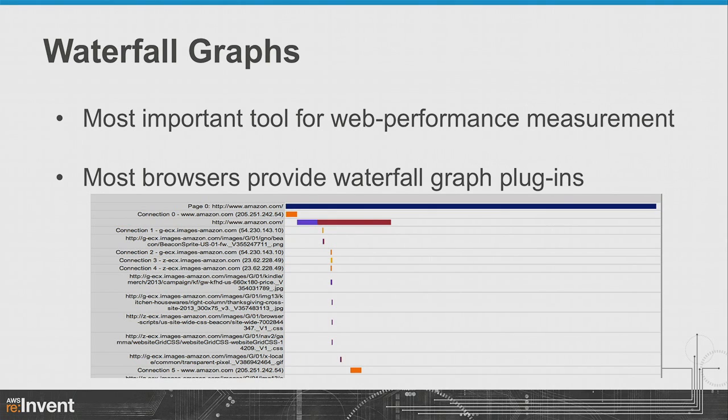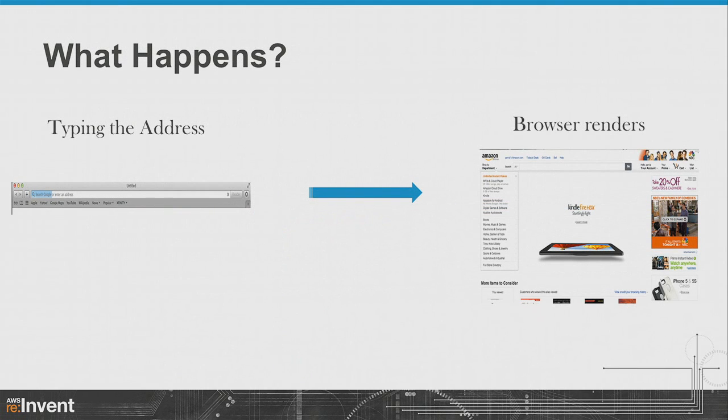Most browsers have it as a plugin, so Firefox, Chrome, Safari, they all have it. The reason I want to go through waterfall graphs is that it gives me a clue as to what happens between the time you type something in the browser and when the browser renders the page and you actually see the content. If I can understand what happens, I can start optimizing my content.